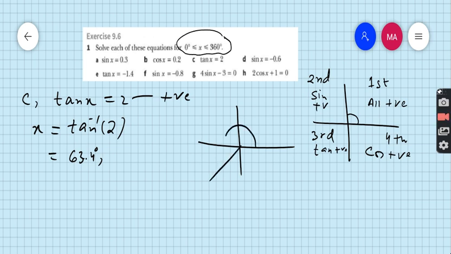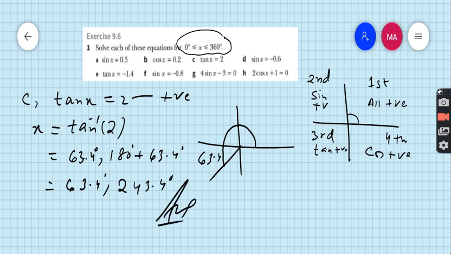Just add 180 plus 63.4. Our answer is 243.4. This is our final answer.